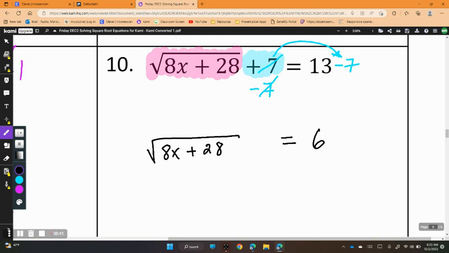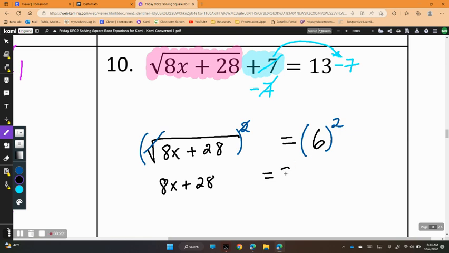Yeah, so it's going to be 6. Now I'm ready to cancel out the radical by raising both sides to the power of 2. These will cancel each other out, and I'm left with 8x plus 28. Bring down my equals, and then 6 squared, which is 6 times 6, is 36.